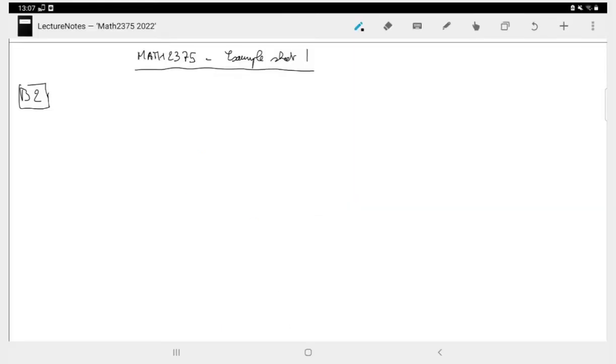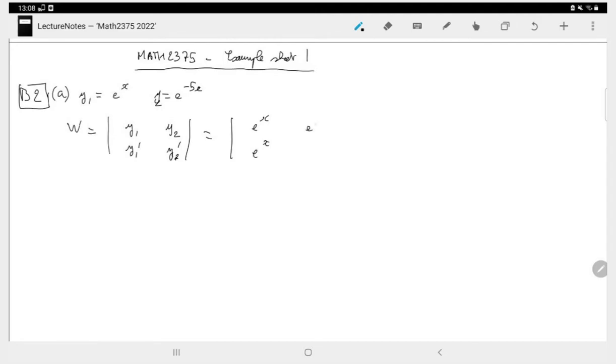Okay, let's get started. The first case is we give you y1 equals e to the x and y2 equals e to the minus 5x. First of all, we need to calculate the Wronskian. The Wronskian is defined as this: y1, y2, y1 prime, y2 prime. And so we just write down e to the x, whose derivative is also e to the x.